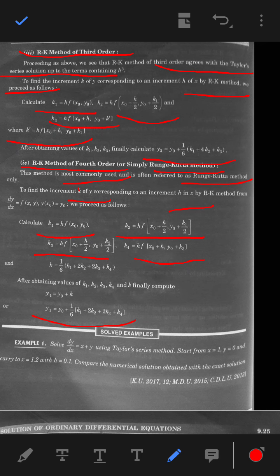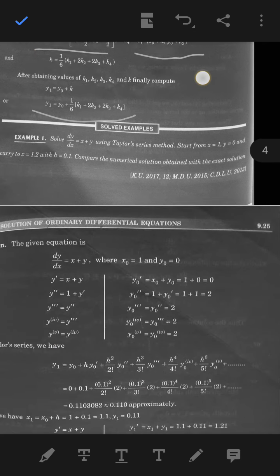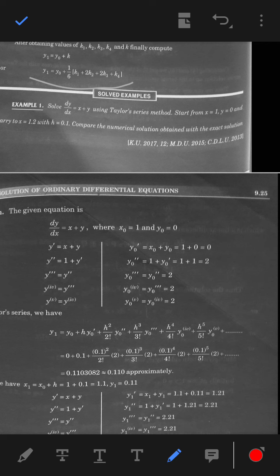So look here, our first problem is we are to solve the differential equation dy by dx is equal to x plus y, and we are to solve this differential equation using Taylor series method, starting from x equal to 1, y equal to 0, that is, these are the values of x naught and y naught, and we are to carry on to x equal to 1.2.